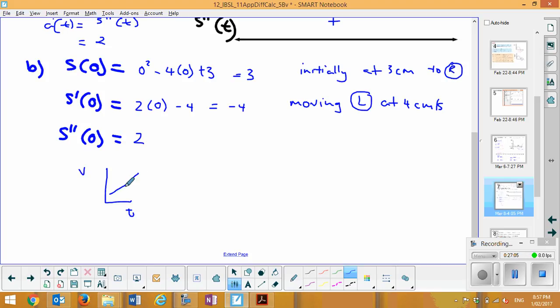So our velocity is getting more positive. But because it was already negative to start with, let's draw it down here. It was a negative velocity to start with, and it's getting more positive.